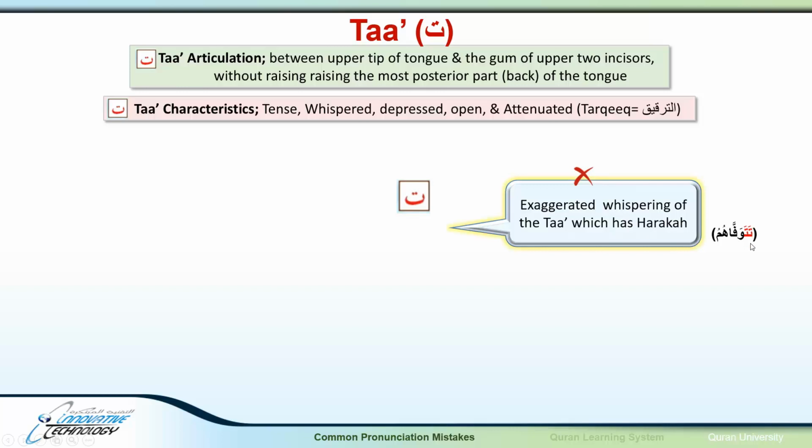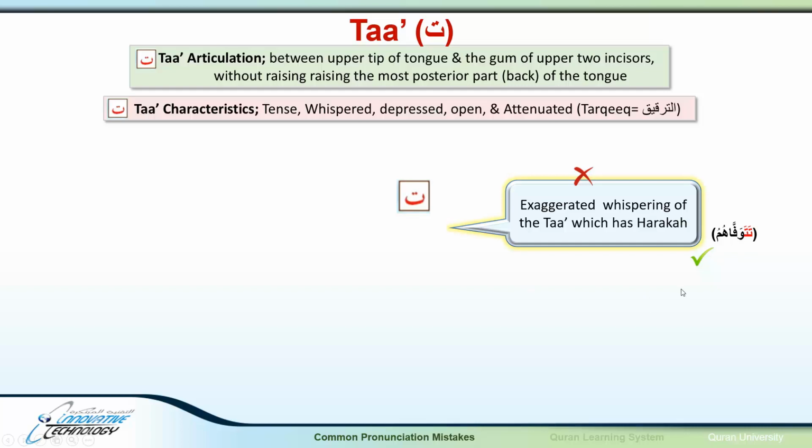As we realize, each ta here has a fatha, not a sukoon, and that makes us tend to lengthen the ta as we whisper it. And if you remember from the previous lesson on characteristics, whispered letters tend to have a longer time. But this is wrong.